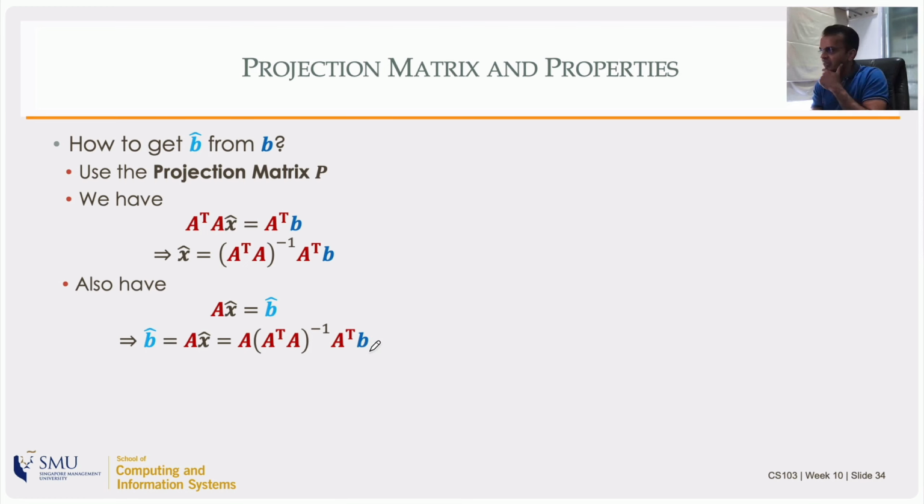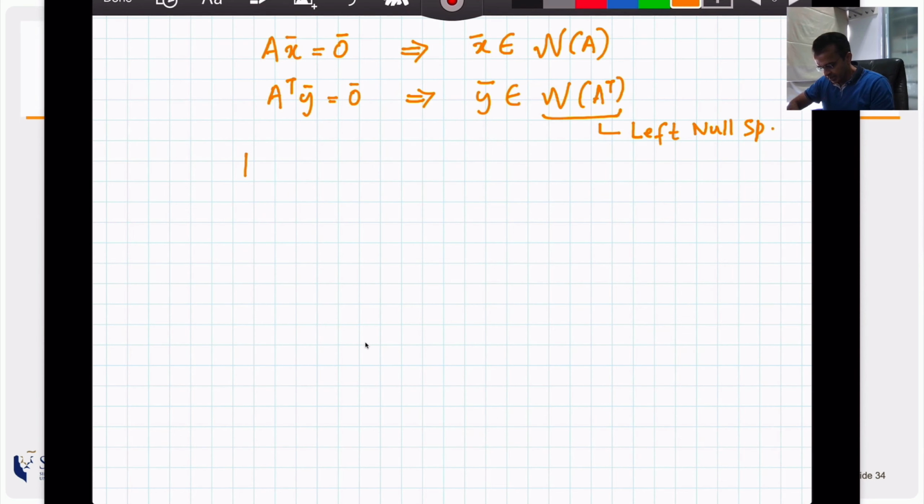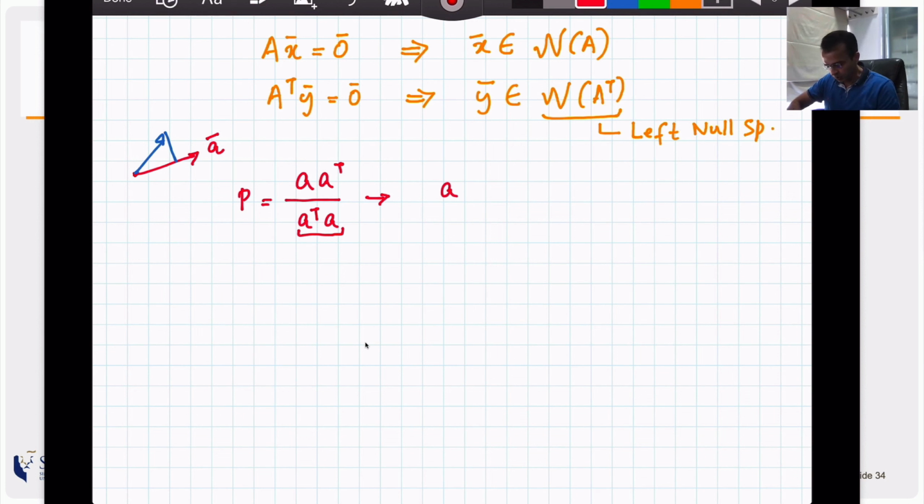It looks complicated, but if you think about it, we had the projection matrix for a vector A, projecting B onto it. We had the projection matrix A A transpose divided by A transpose A. This was a projection matrix. And remember, the denominator is just a number, the square of the norm.